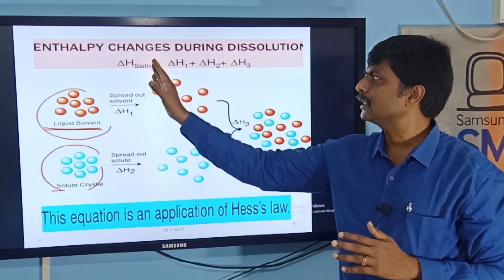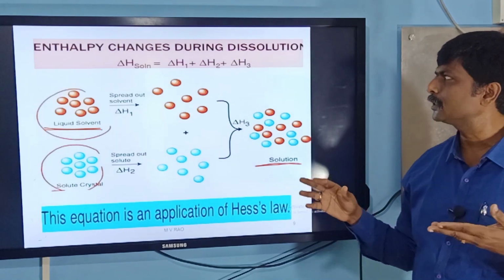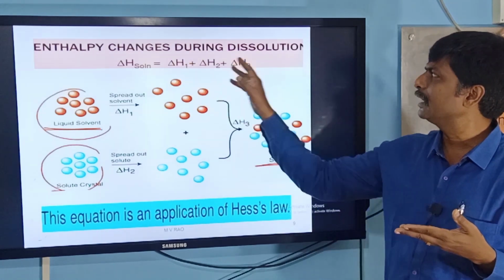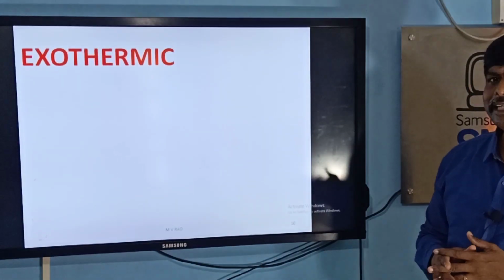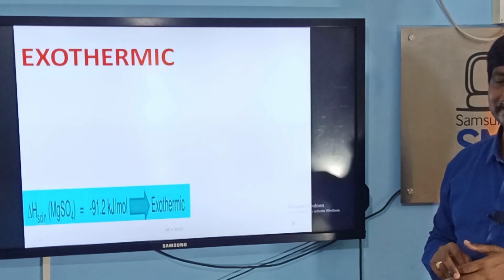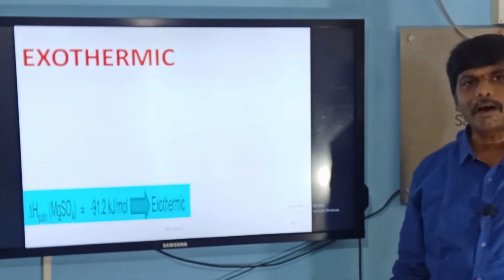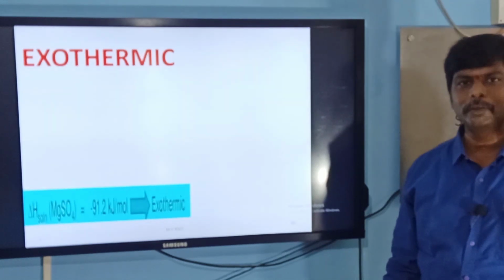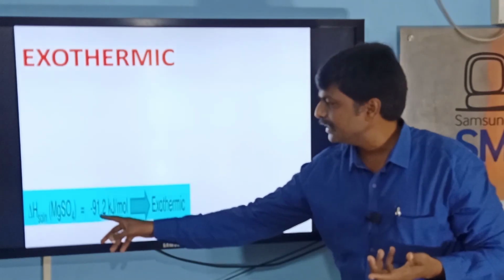Delta H solution, that means the overall enthalpy of solution, is the resultant of delta H1 plus delta H2 plus delta H3. So what is an exothermic solution? Take magnesium sulfate. When you dissolve 1 mole of magnesium sulfate solute in water, some energy is released.